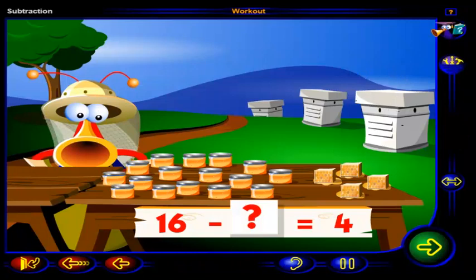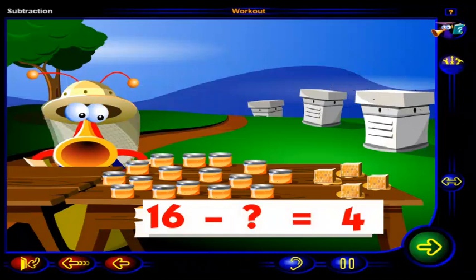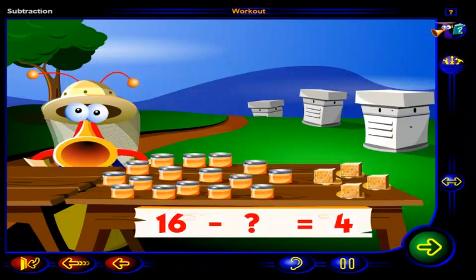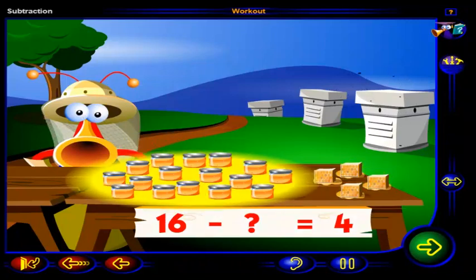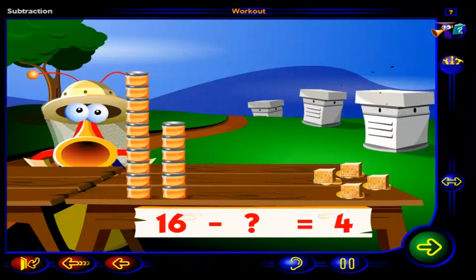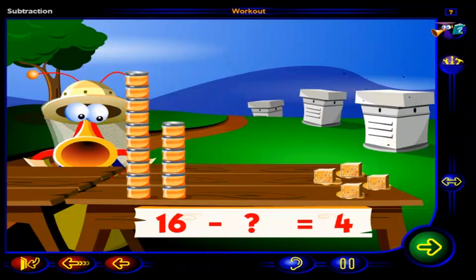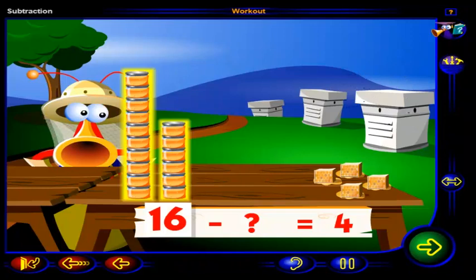To find what number we take away from 16 to get 4, we can compare these jars of honey with these honeycombs. Click on the jars of honey. To make it easier to compare the jars of honey with the honeycombs, we stack these 16 jars into one group of 10 and one group of 6.